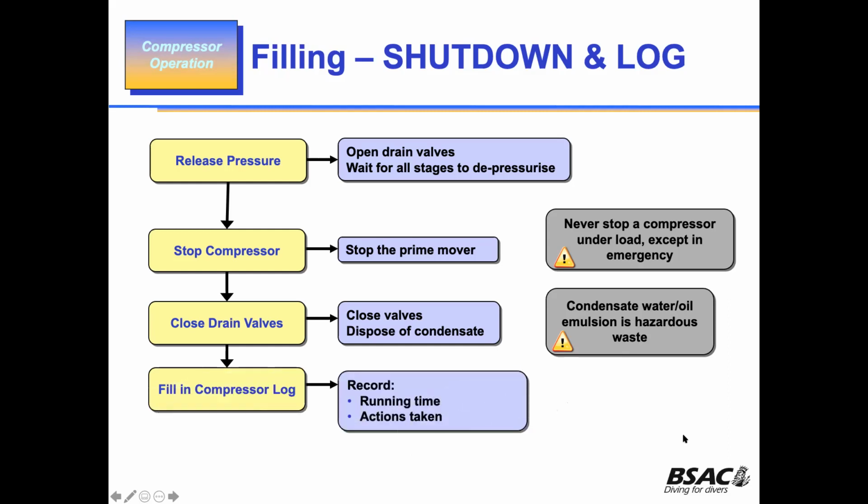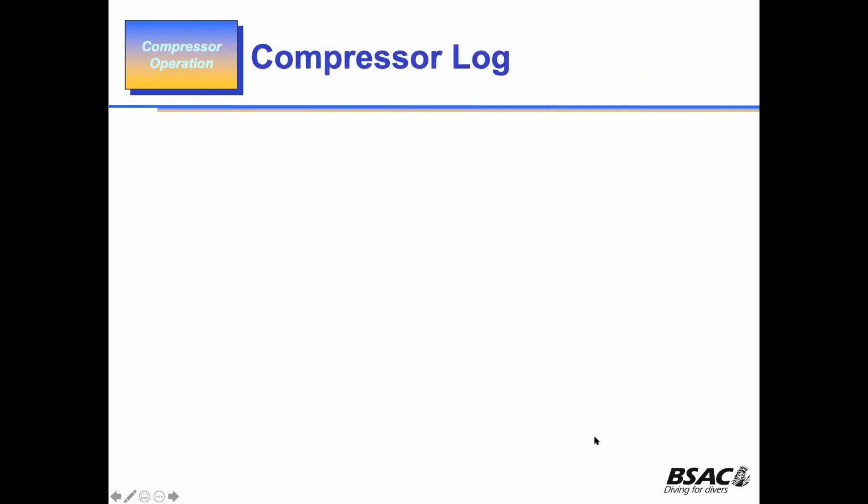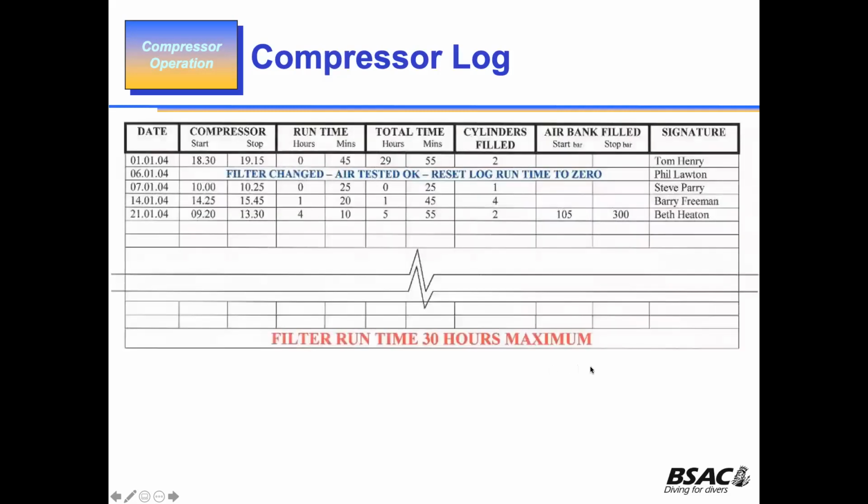Fill in the compressor log, running hours and actions taken if you've done anything that's not normal. An example of that is in the student's notes, right? I can send you an example of that anyhow. And there's your compressor log, okay? So you put the date that you're using it, the start time, the stop time, the hours run, the minutes run, the total time is added up. So you're looking at the compressor total time, all right?